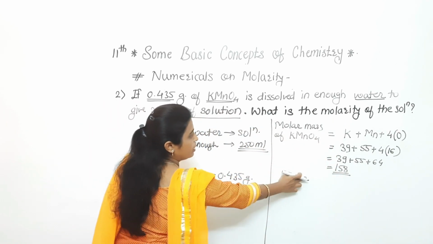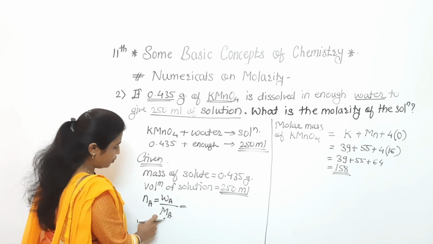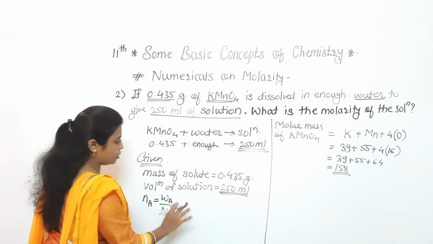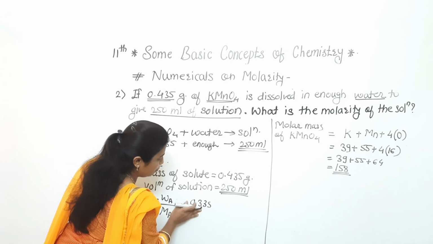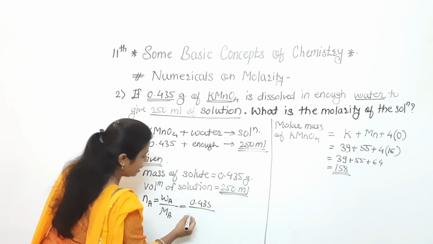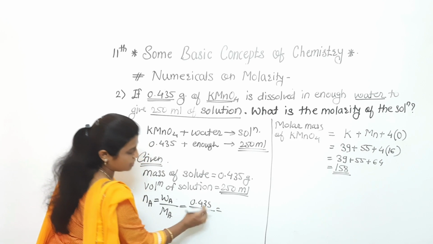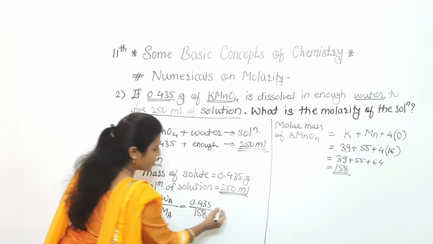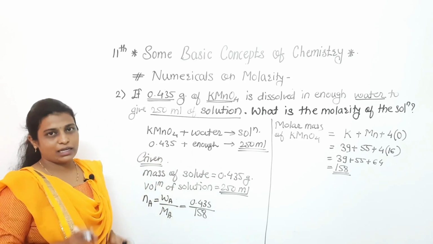So यहाँ पे हमने find out किया है molar mass of the camenophore, that is the molar mass of solute. So just we will put this value: 0.435 divided by Ma, what is that? 158. So simply if we shift this decimal to the right hand side, what will happen? Or we can put this value in the formula directly also.